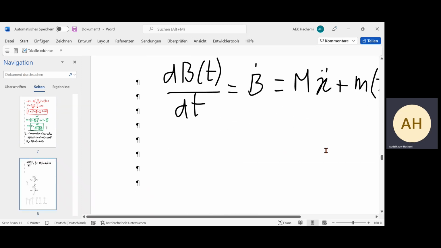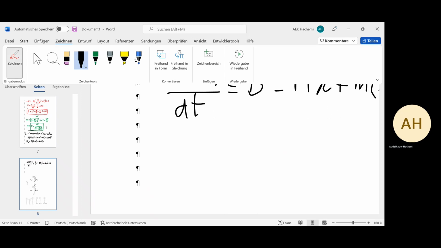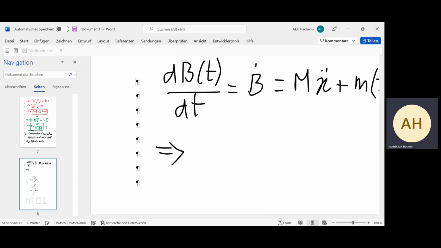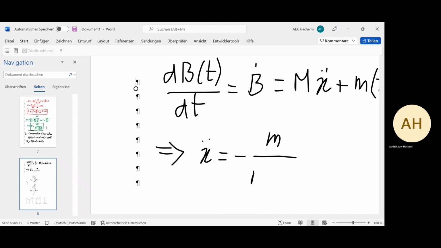Then in this case, we will get x double dot equal to minus m divided by M plus small letter m, times s double dot.